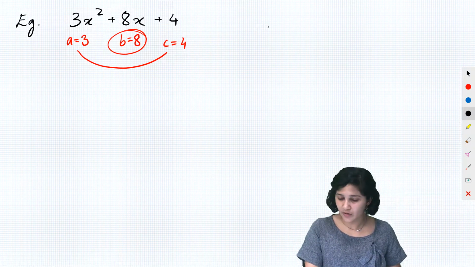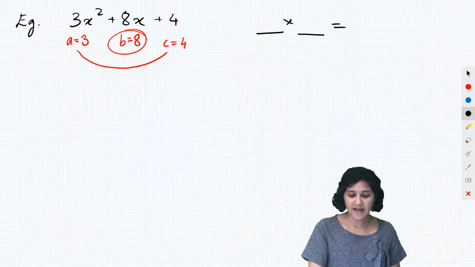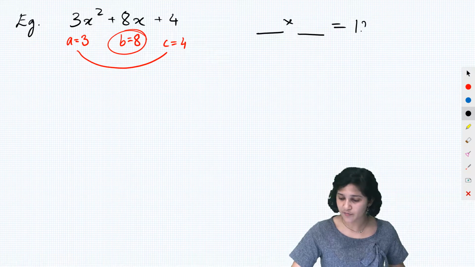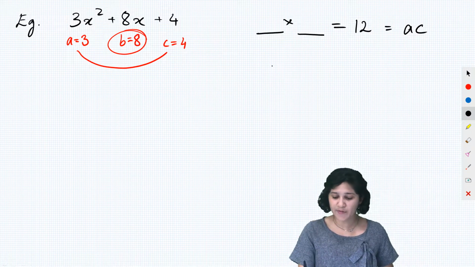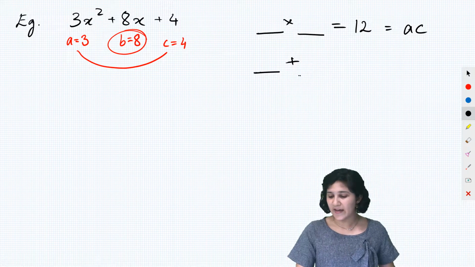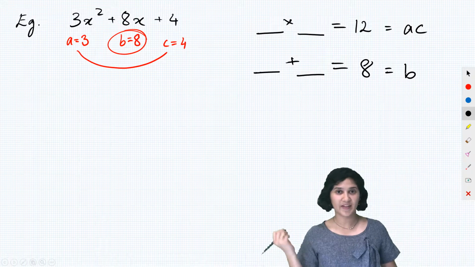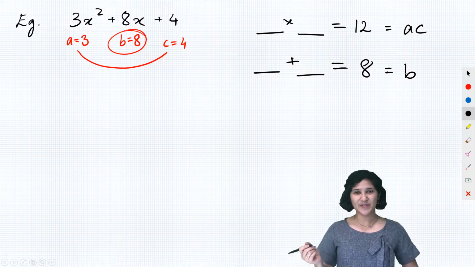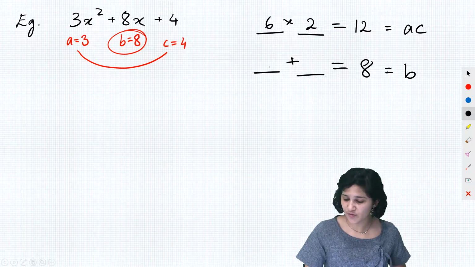So here we go, something times something equals a times c, which is 12. So I'll just write here that that's ac, so you remember. And they add to give 8, which is b. So see if you can think of two such numbers. They'd be 6 and 2.